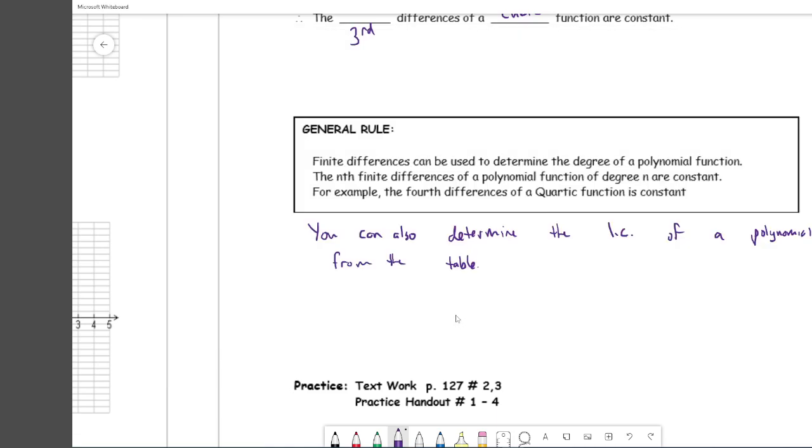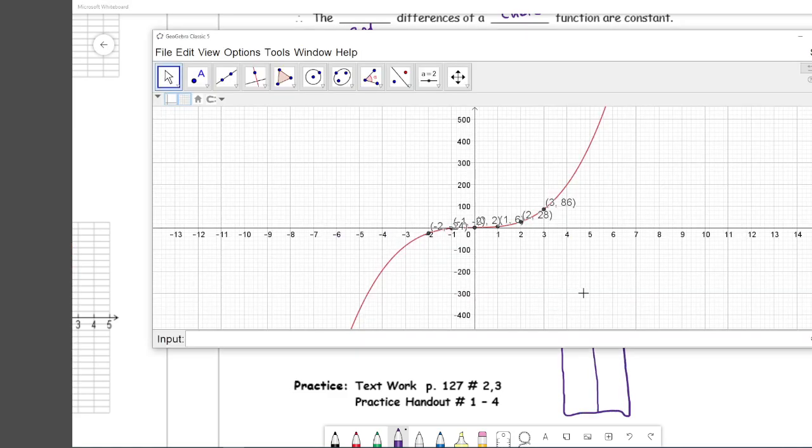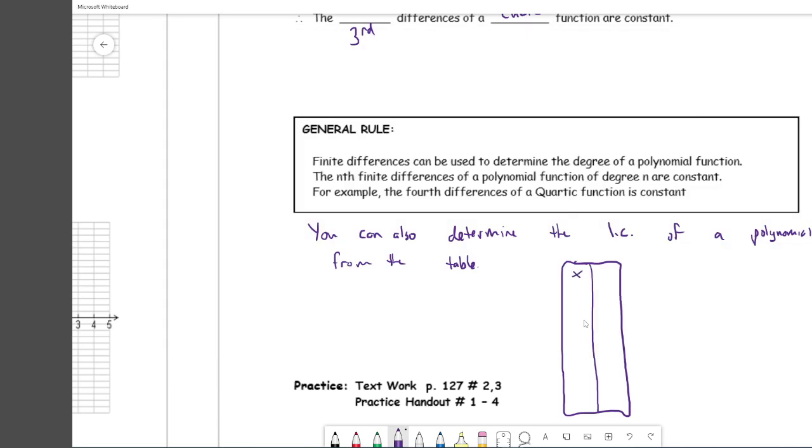So here's an example: negative 2, negative 1, 0, 1, 2, and then we're going to need a 3.